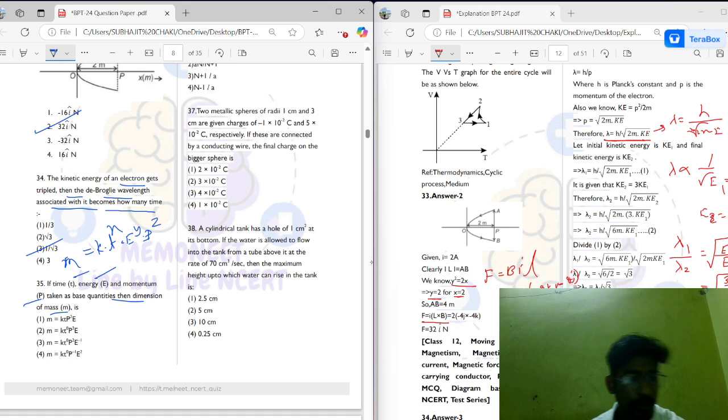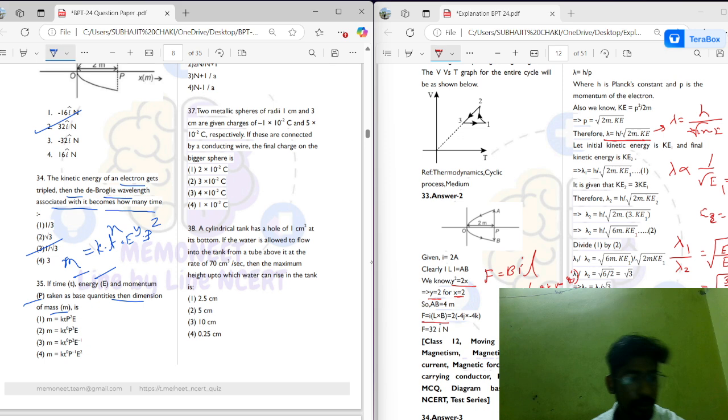Okay. Now the formula V is equal to KQ by R. Here it will be K x by 3 for the first case, and for the second case it will be K into 4 to the power minus 2 minus x divided by 1.